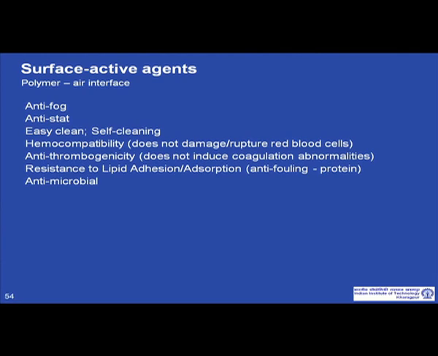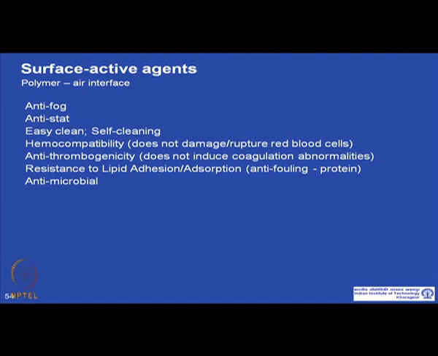If this mouse is made up of antimicrobial additives, then it prevents formation of microbes on the surface of the polymer, and that prevents spreading of microbes among people.